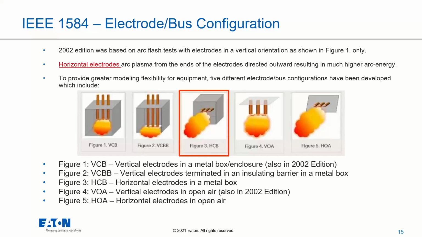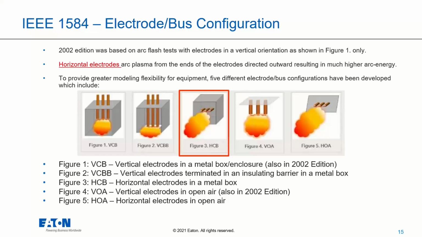And the HCB actually ends up being the worst case scenario. You might think this looks similar to a transformer secondary, your low voltage bushings, where you have them pointing outwards from the side of the tank or the front plate horizontally. They would be facing towards the user when you're standing in front of the enclosure.